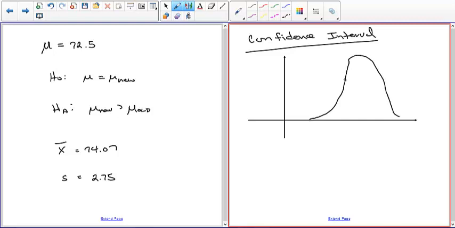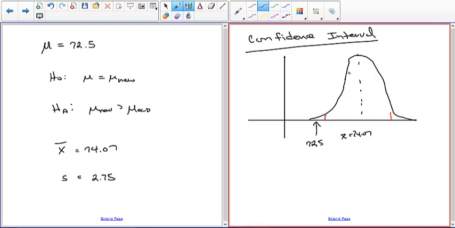This is our data, and our data has a mean of 74.07. That's our sample mean. And the question is, where does 72.5 sit? We'll use a 90% confidence interval.